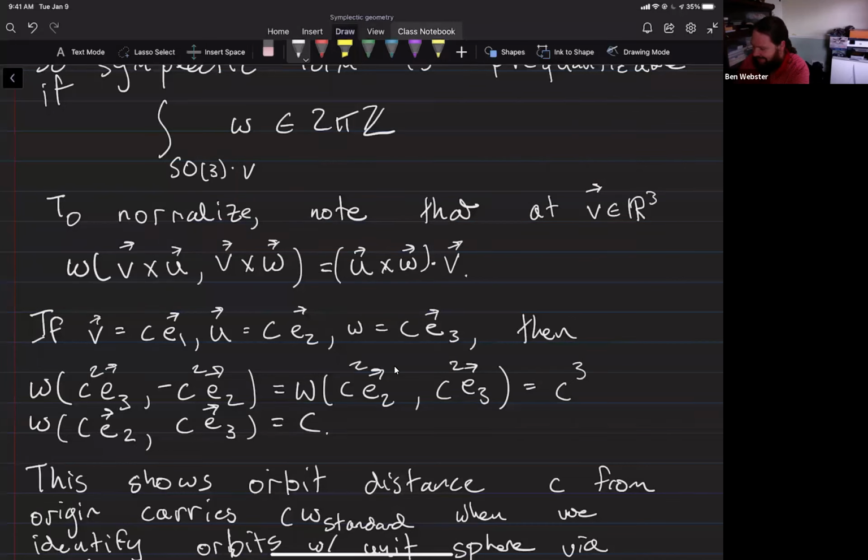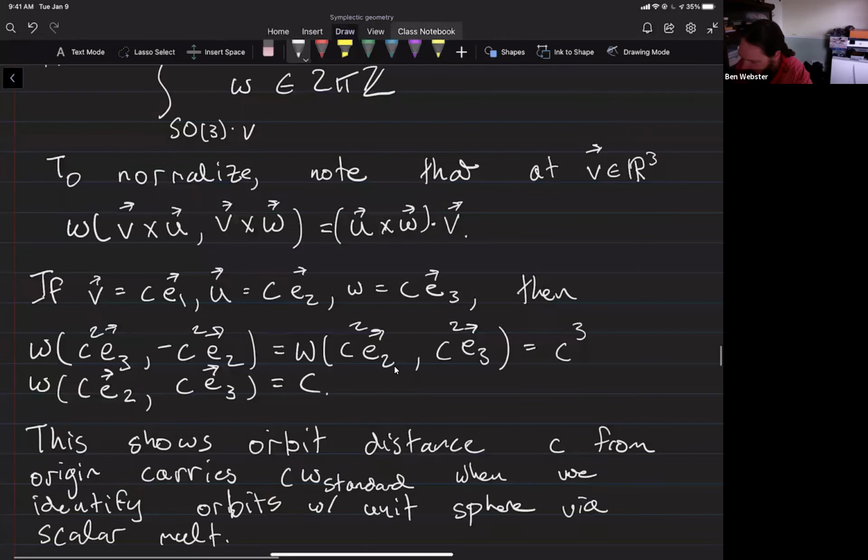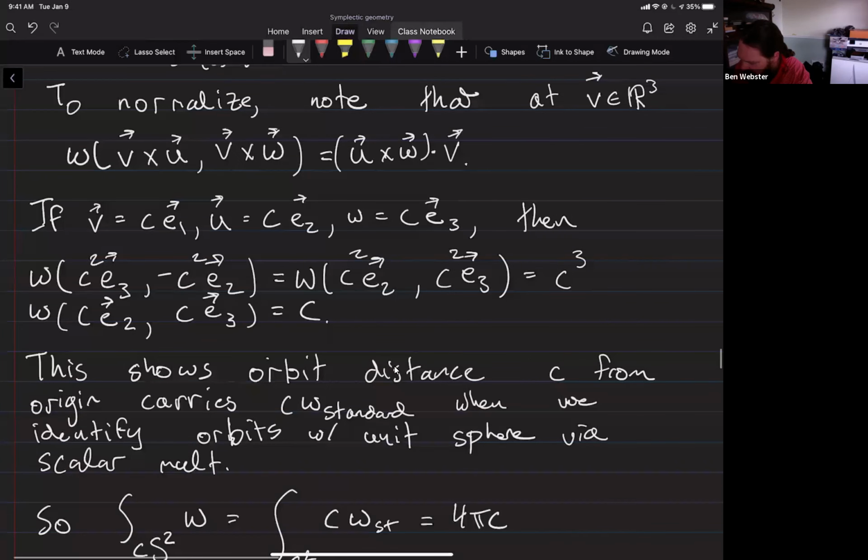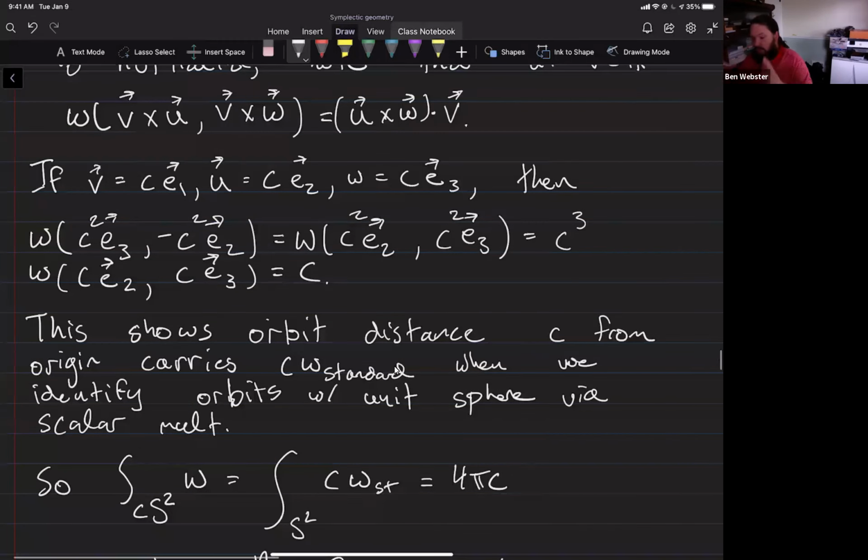Somehow I have to think about this, but you can go through and check the calculation. So what this shows is that the orbit which is distance c from the origin, if I make that isomorphic to the unit sphere using multiplication by c, my symplectic form is the pullback of c times the standard symplectic form on the unit sphere, so the standard volume.